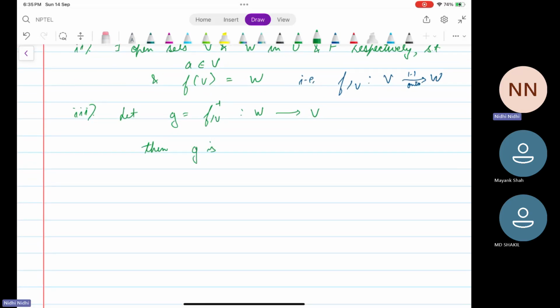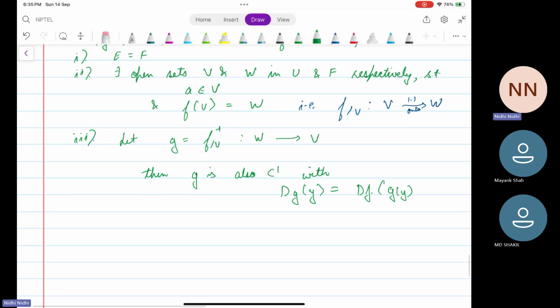g is also C1 with the derivative of g at any point y equal to the inverse of the derivative of f at g(y).